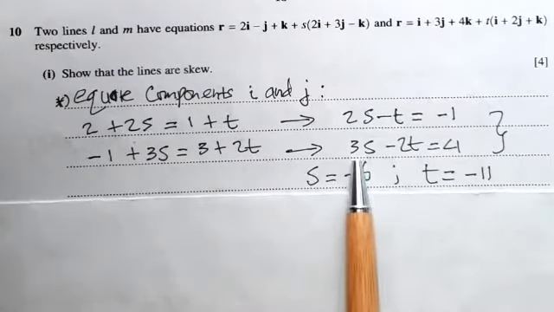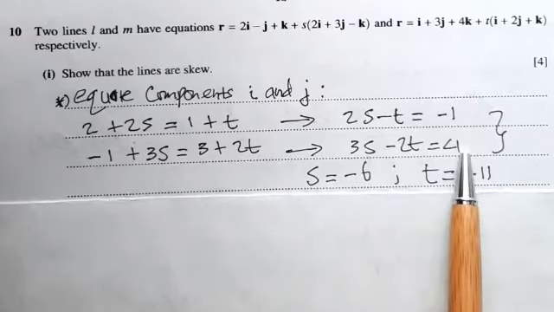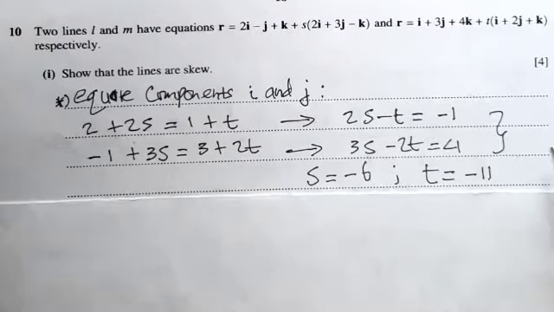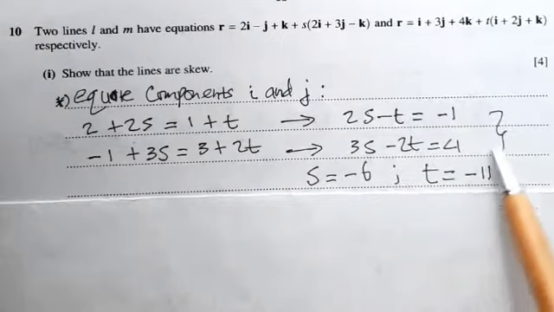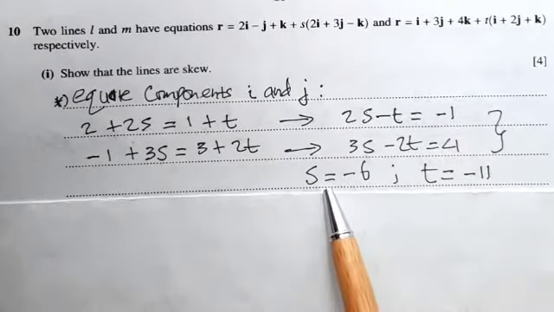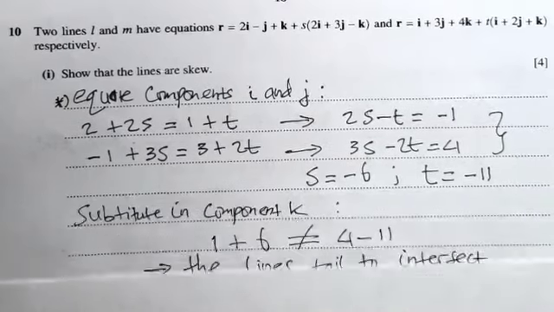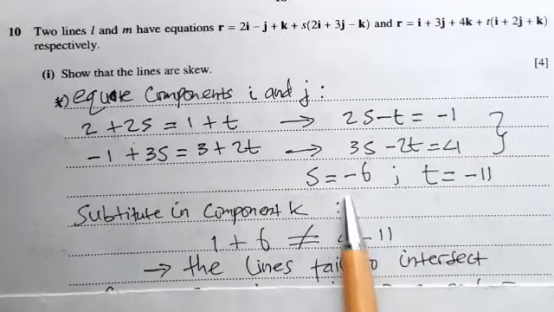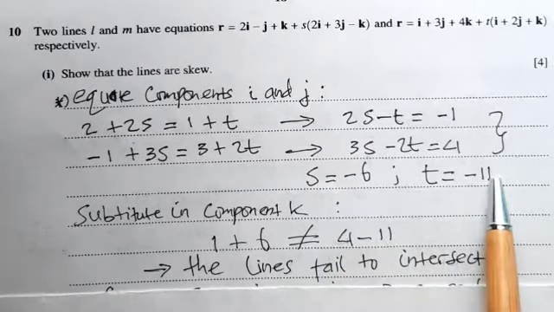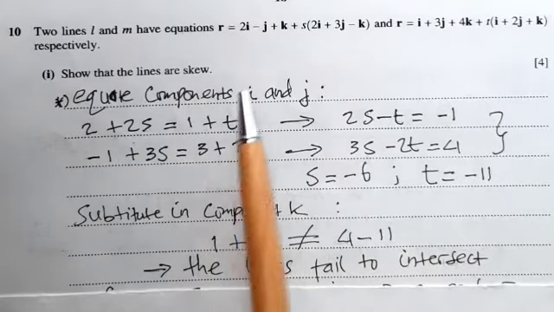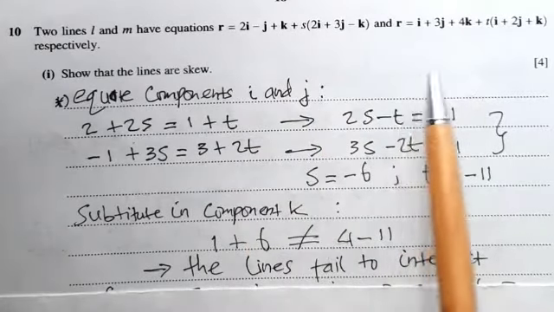and then that is 3s minus 2t equals 4, and solving these two simultaneous equations we obtain s is minus 6 and t is minus 11. The values of s minus 6 and t minus 11 we substitute in the k component of these two lines.